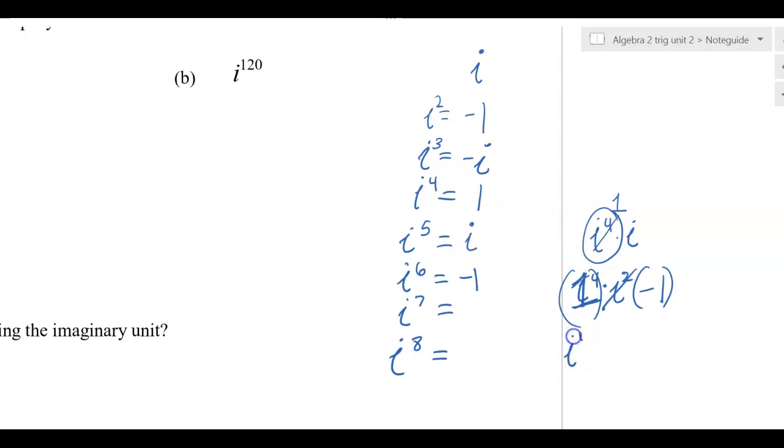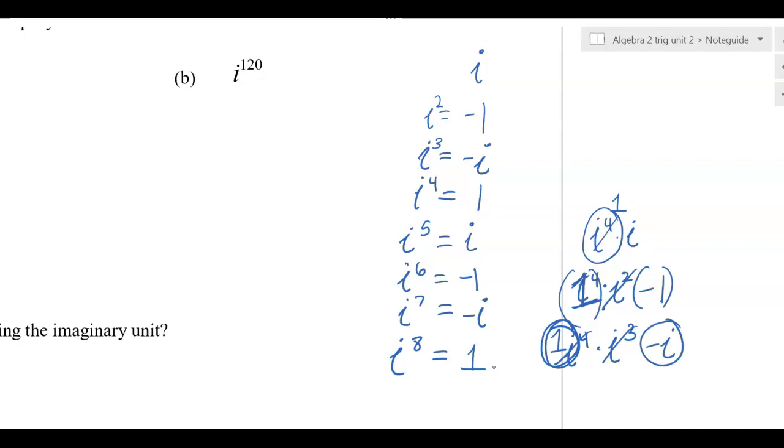So you guys, i to the 7th can be like i to the 4th times i to the 3rd. And again, your i to the 4th is like a 1. And i to the 3rd was like -i. And 1 times -i would be -i. And what about i to the 8th? Good, 1. Okay, it's like i to the 4th times another i to the 4th.